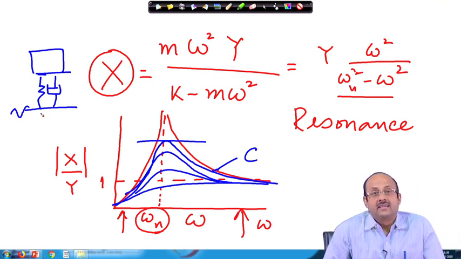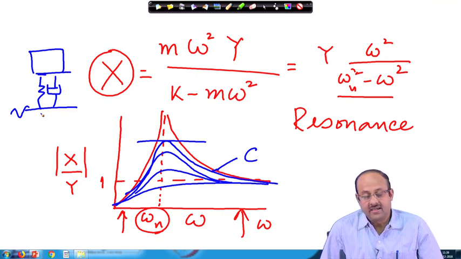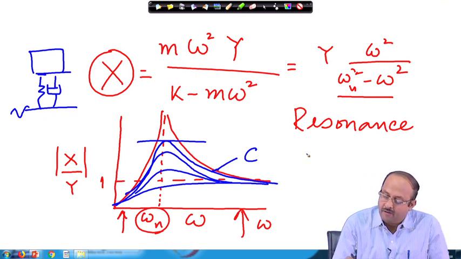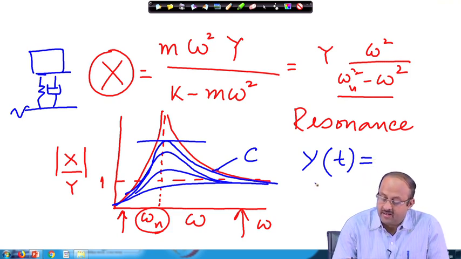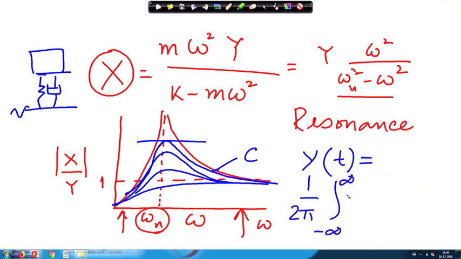Now, that is so far as the steady state motion is considered with the harmonic forcing. Now, if you have any arbitrary forcing, let us say y(t), which is continuous, then we know that according to Fourier transformation, y(t) can always be expressed as the integral of y(omega) e to the power j omega t d omega.